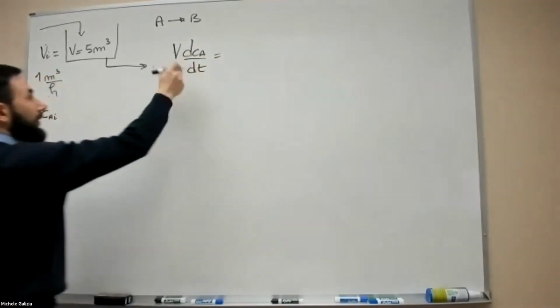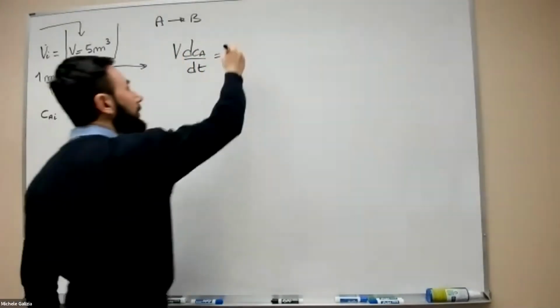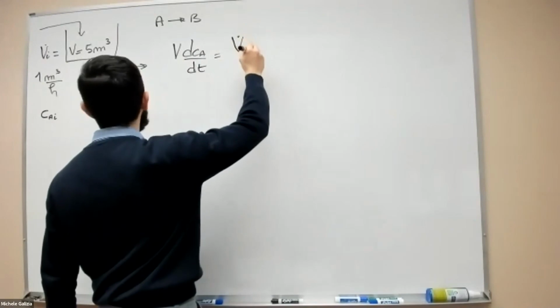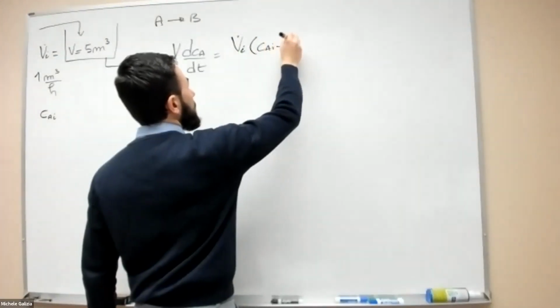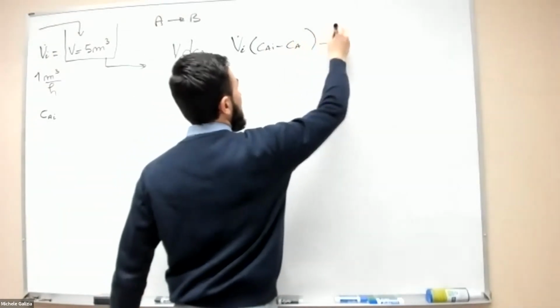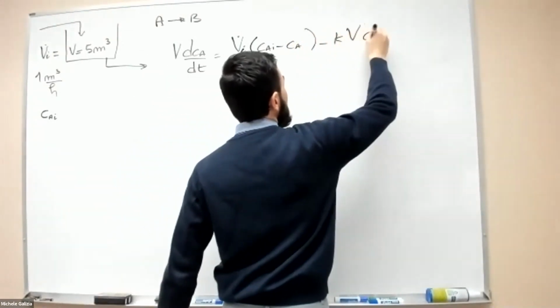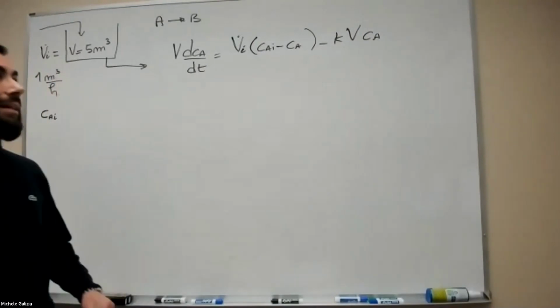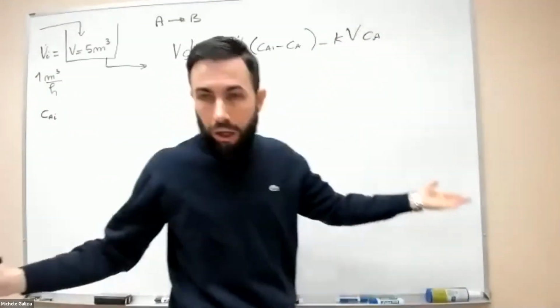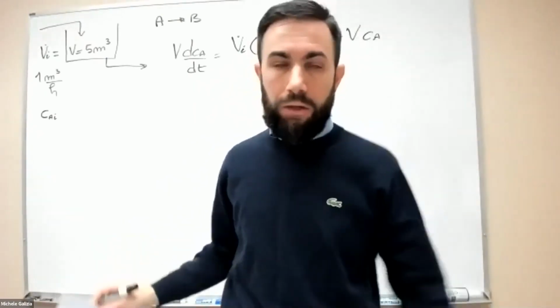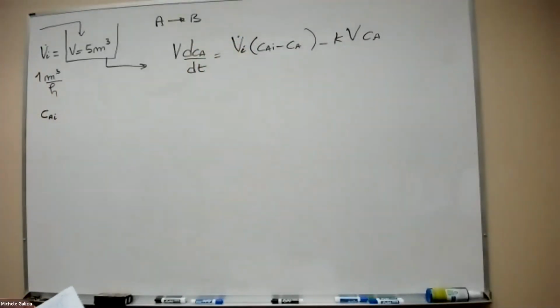V dCA/dt equals VI dot CAI minus CA, minus K V CA. First order kinetic, the system is isothermal, the kinetic constant is constant because the temperature is constant. Very easy.